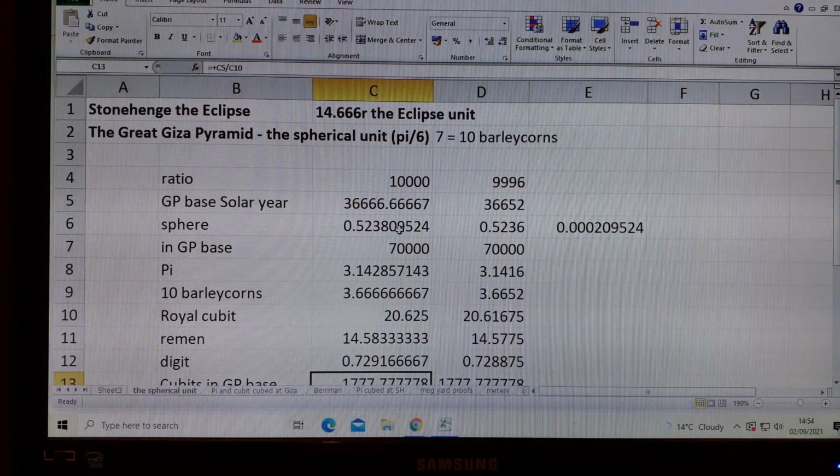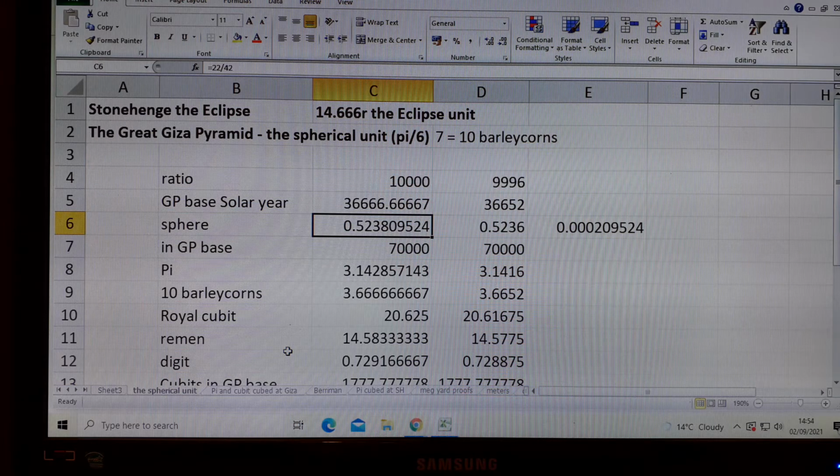But this unit is derived from a 1-inch square, and it's pi over 6, and we can use real pi to work out where we are along this relationship.